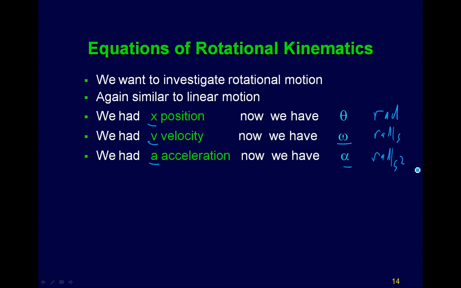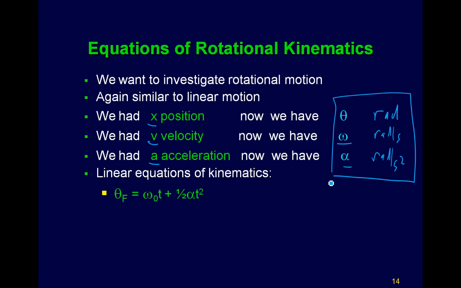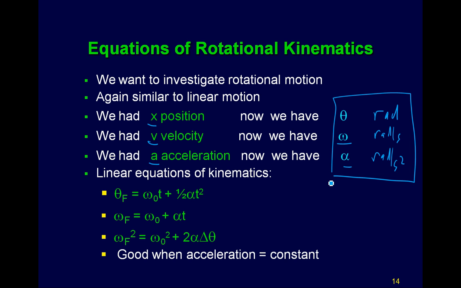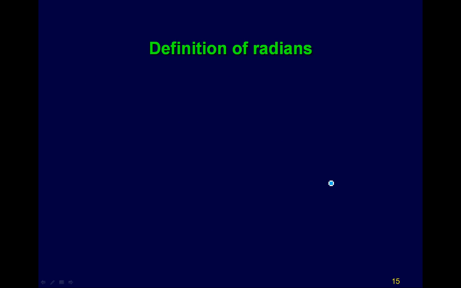So technically, you can describe everything with either one, but it's just easier to describe rotating objects in terms of these. And then we use these, our constant acceleration kinematics equations. They're the same ones we used before with just different letters in there, kind of like a different language, but it's the same concept.